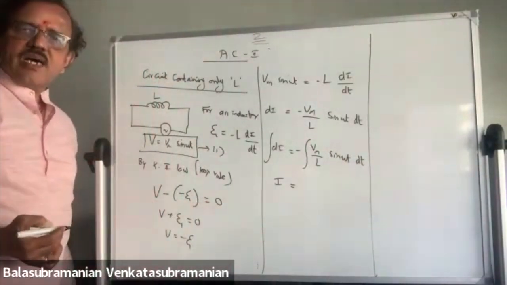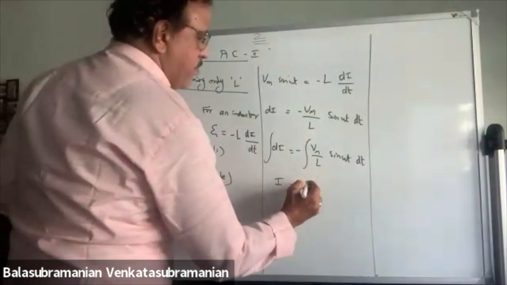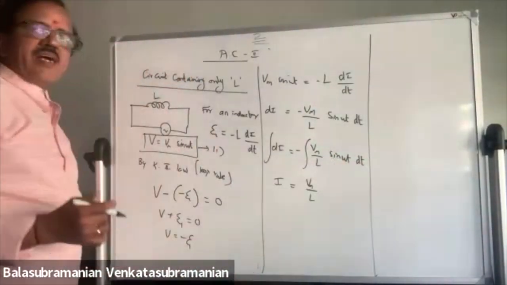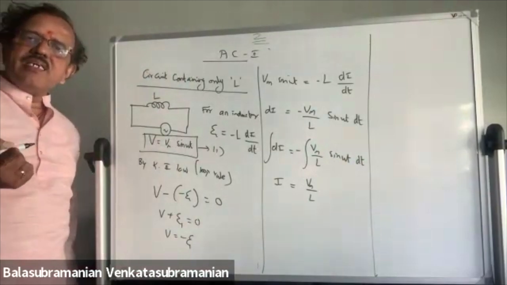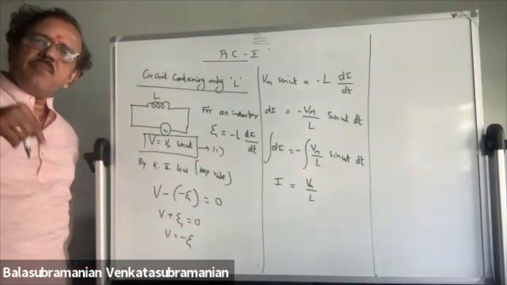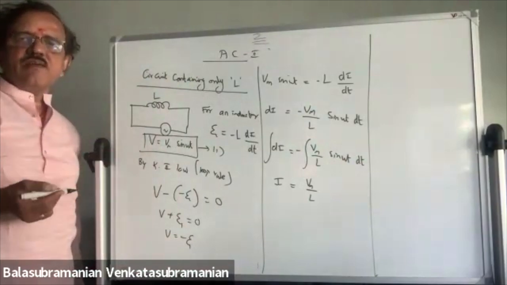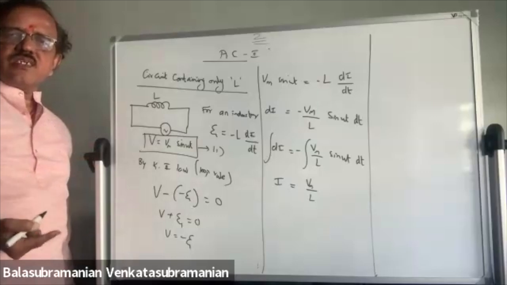Integral di is I. Vm by L is constant, take it out. Integration of sin omega t is minus cos omega t by omega. Differentiation of sin theta is cos theta, integration of sin theta is minus cos theta.